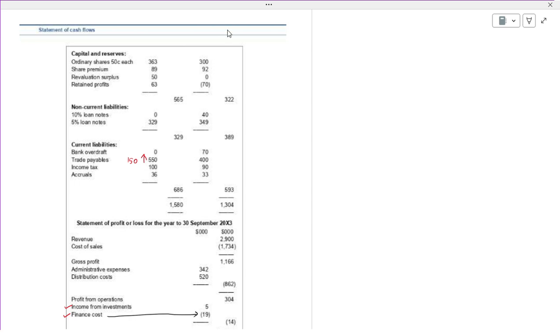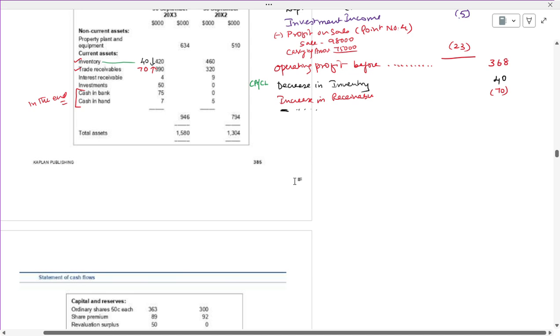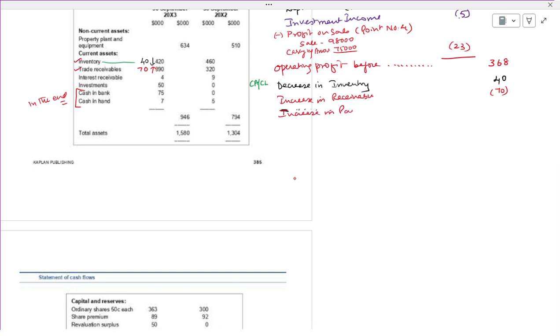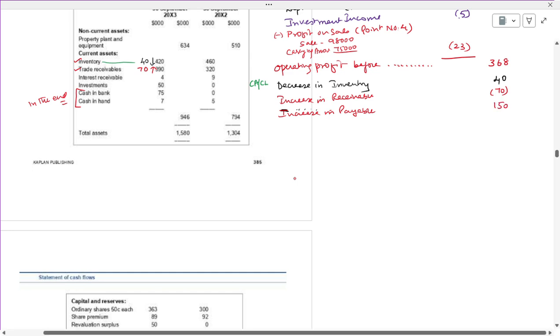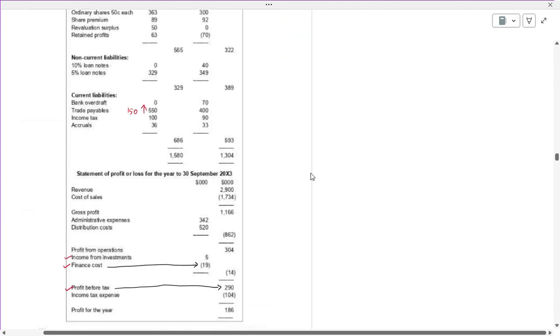Is it right? Liability increases, cash will increase. Increase in payables, how much? 150. Is it clear?